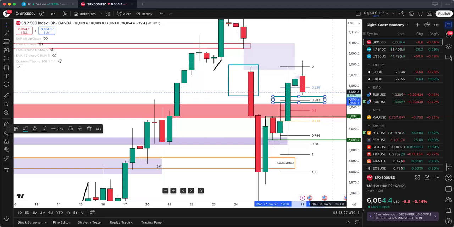If anything, because we have 11 minutes left on this 8 hour candle. The next candle I would like to see probably push down a little bit and then push up from there. But that'll be a whole new 8 hour candle, because we only have 11 minutes left on it. Unless this whole candle turned green from here, which I would love to see.